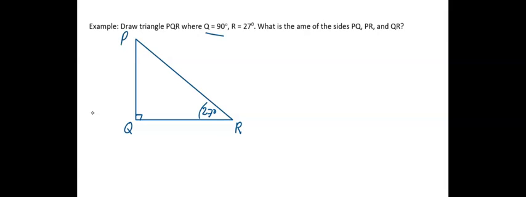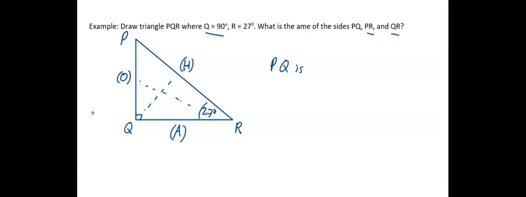And it says, what are the names of the sides? P to Q is this side. So relative to the given angle, it is my opposite. My PR is this long one. It's opposite the right angle, so it is a hypotenuse. So you see I've abbreviated those to just H and O. And QR is beside my given angle, so it is A for adjacent. So we'll just write those down.